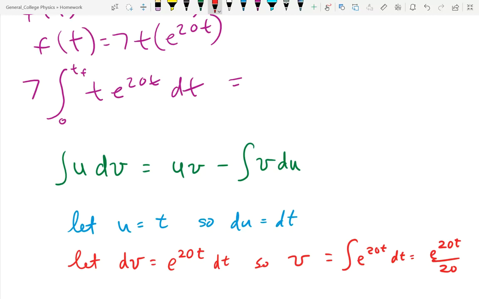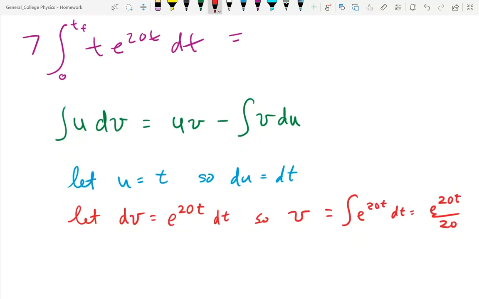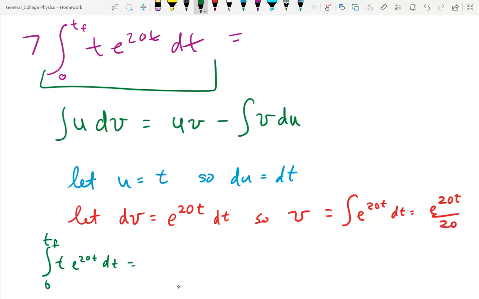So now I'm able to apply the chain rule. Now, keep in mind, I'm doing just this part of the integral, so in the end, I'm going to have to multiply everything by 7. Or not the chain rule, excuse me, integration by parts. So doing my integration by parts, I have the integral from 0 to t final of t e to the 20t dt is equal to u times v, so that's going to be t multiplied by e to the 20t over 20.